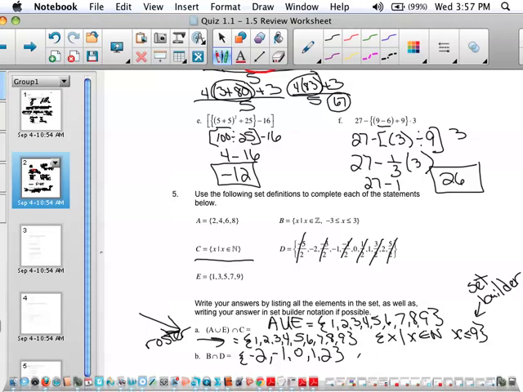In set builder notation, x such that x is an element of the integers, and x has to be greater than or equal to -2, less than or equal to 2. And you can write those in words if you prefer. In fact, set builder notation tends to use more words and less notation.